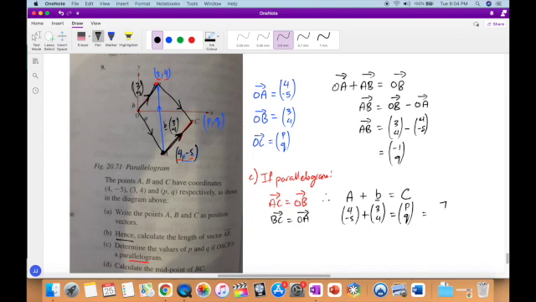And then I have -5 plus 4, which is -1. So C ends up being the point 7, -1. Notice how I wrote it horizontally, where P is equal to 7 and Q is equal to -1. So this is 7 and this is -1.